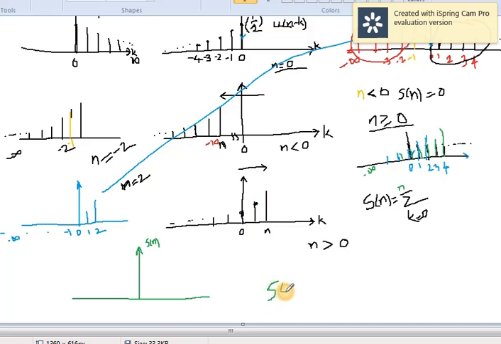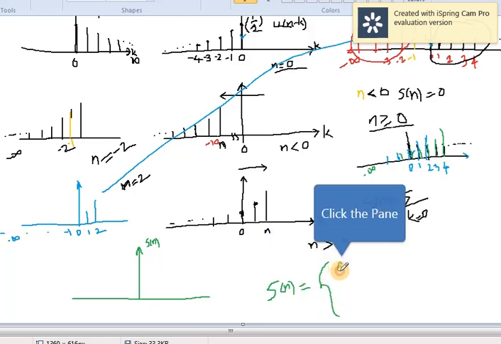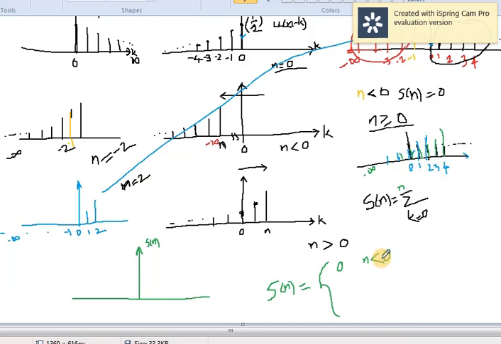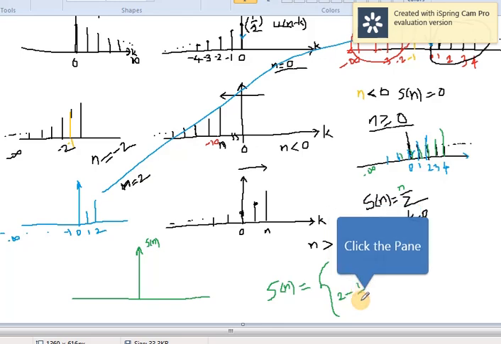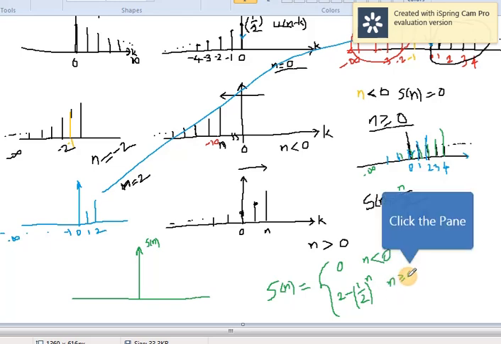S of n is equal to 0. Our S of n is 0 if n is less than 0, and it is 2 minus 1 by 2 raised to n for n greater than or equal to 0.